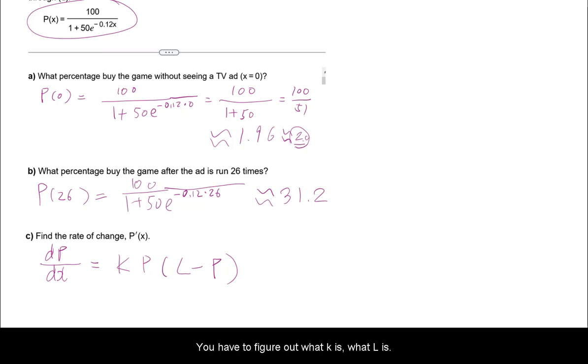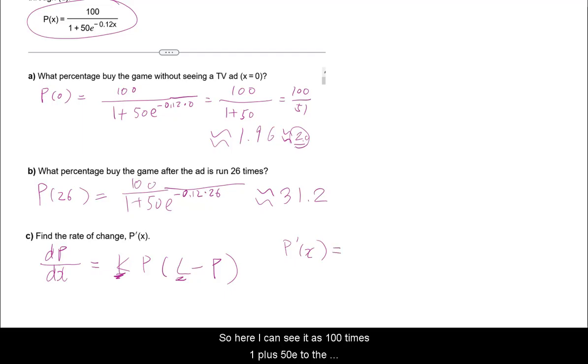You have to figure out what k is and what L is. Just go back to the formula, you can figure out what those values are, and then plug them in here. But I think it's a little bit easier just to do the derivative, so I'm going to do the calculation.